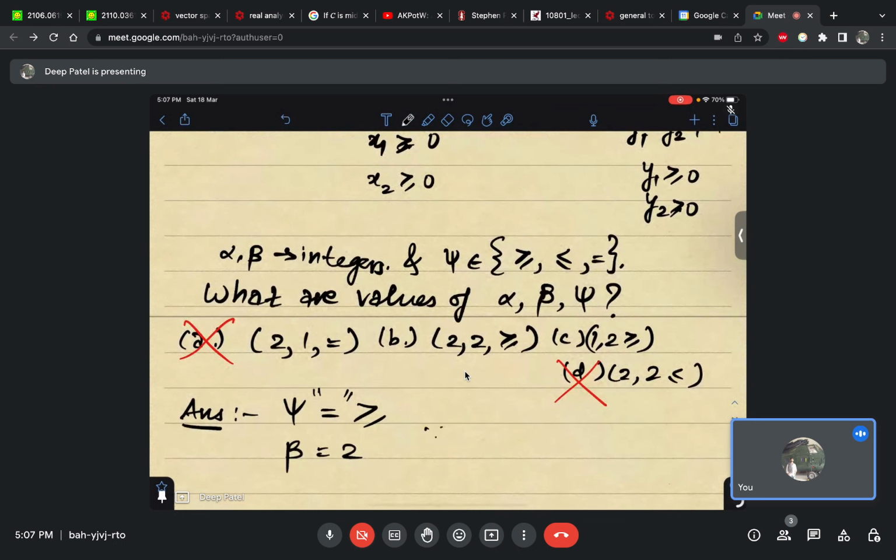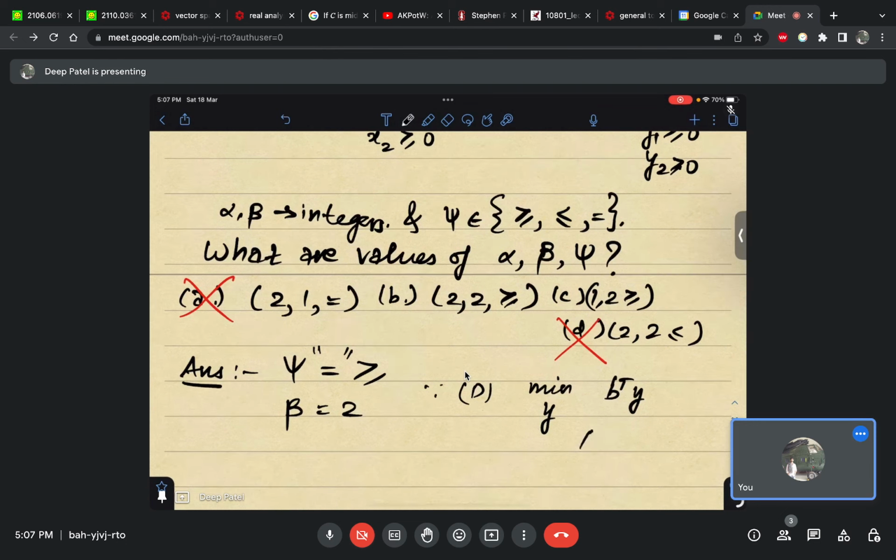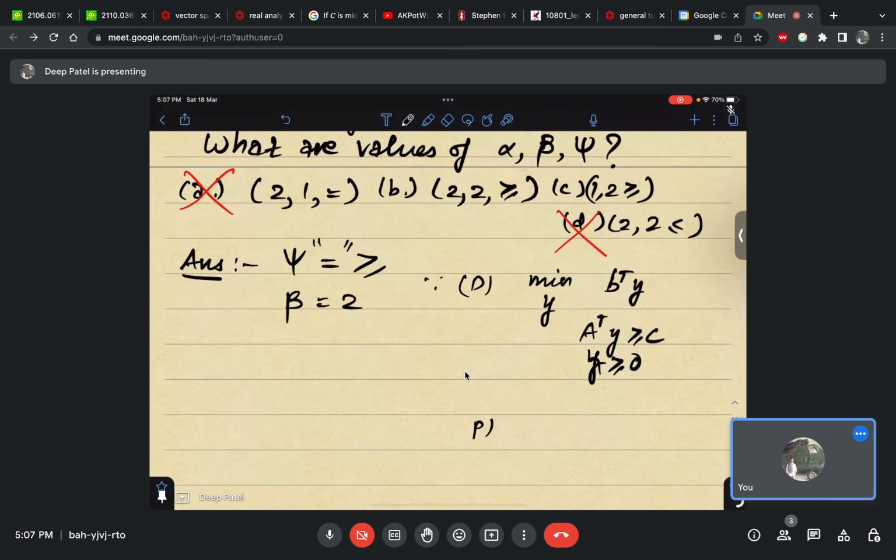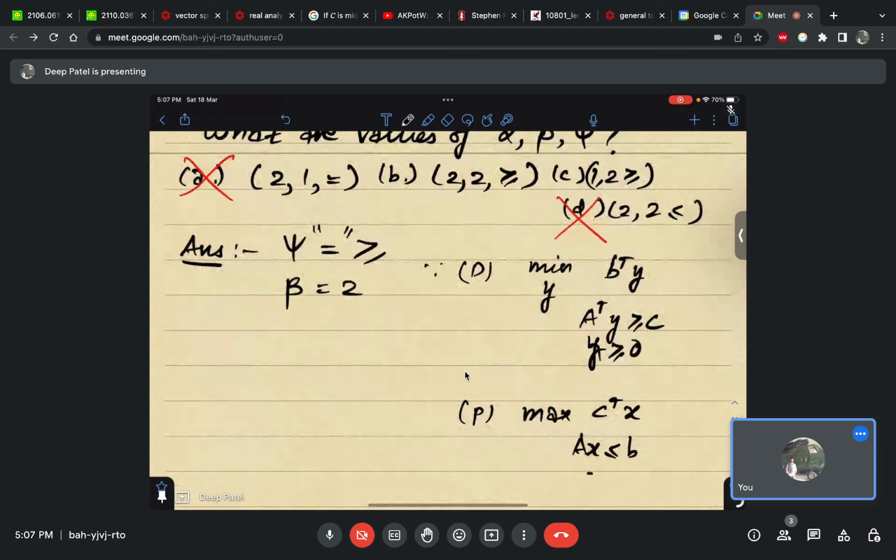Because the dual is min p transpose y subject to a transpose y greater than or equal to c, y greater than or equal to 0, and the primal is max c transpose x subject to Ax less than or equal to b, and x greater than or equal to 0.